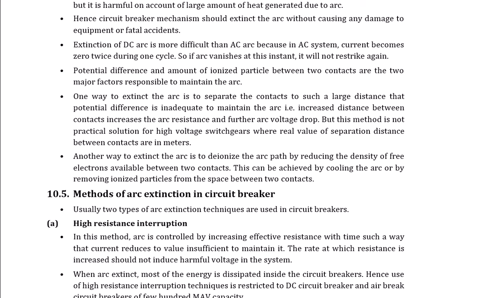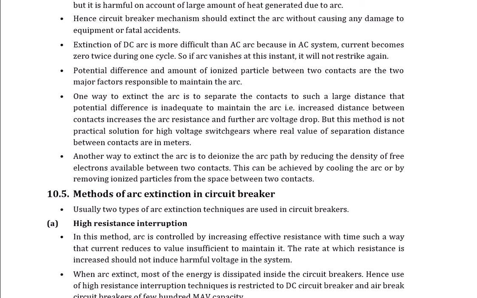Potential difference and amount of ionized particles between two contacts are the two major factors responsible for maintaining the arc. One way to extinguish the arc is to separate the contacts to such a large distance that potential difference is inadequate to maintain the arc, and increased distance between the contacts increases the arc resistance and further arc voltage drop.